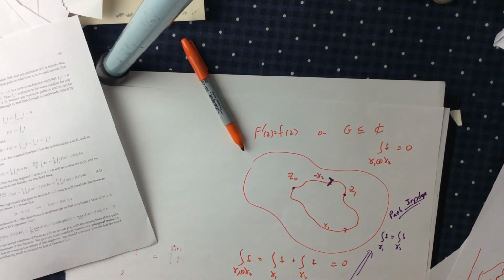So functions that have an antiderivative have a unique property in the complex plane. They are path independent. And we saw for 1 over z that this failed, and we also saw that the circular path for 1 over z did not produce 0. This is a very powerful statement, and we're going to make such use of it that integration in the complex plane is going to become very straightforward and simple.